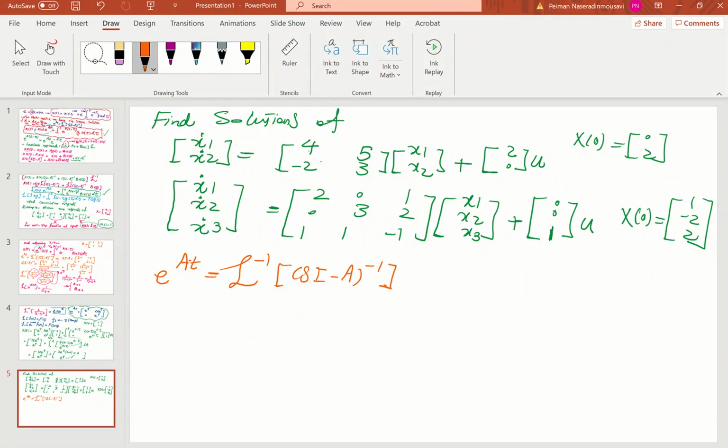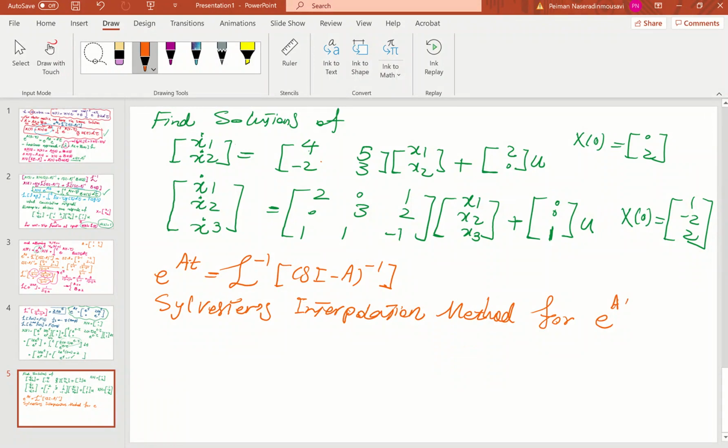That's right. So we have another approach that we name Sylvester's interpolation method for the matrix exponential e^(At). What is that?